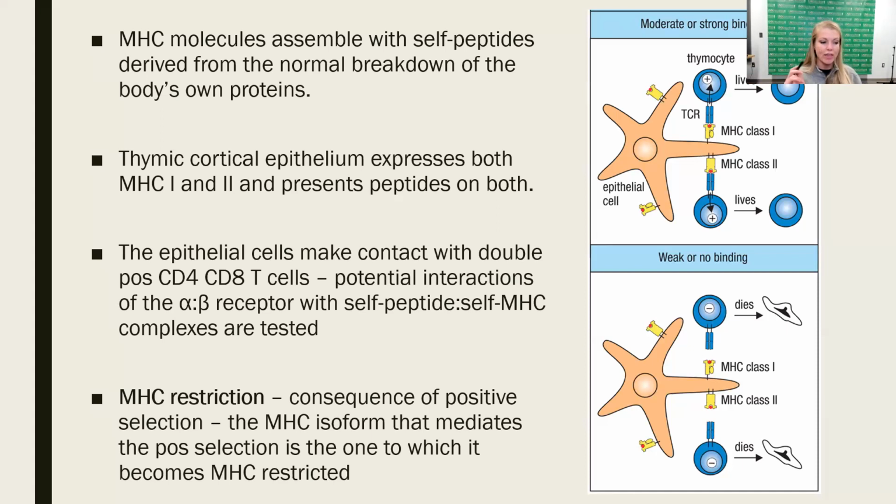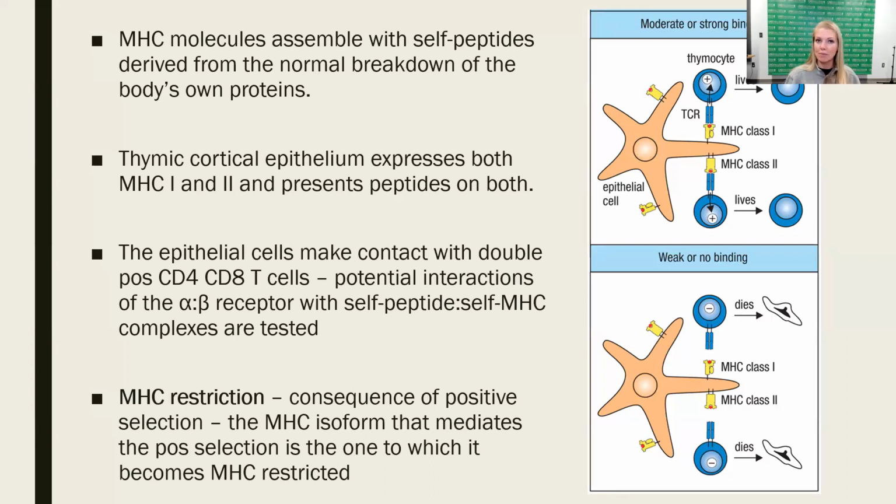And so the epithelial cell can make contact with a double positive cell, and whichever one they bind to, either CD4 or CD8, is going to determine which class that T cell is going to be restricted to.